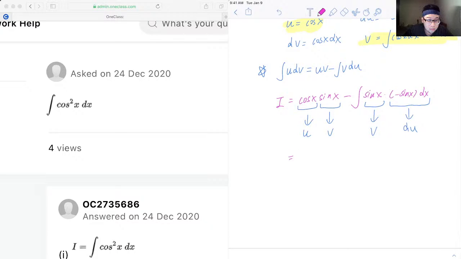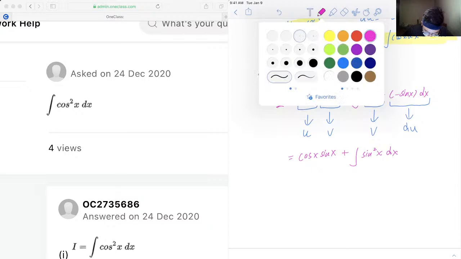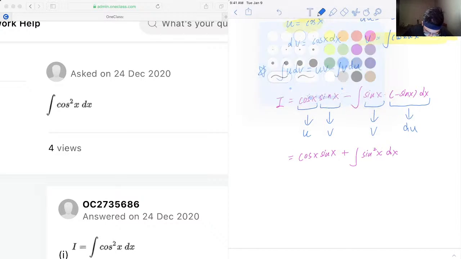So simplifying that, we have cosine x sine x plus the integral of sine x squared dx. And now we need to apply another trig identity.